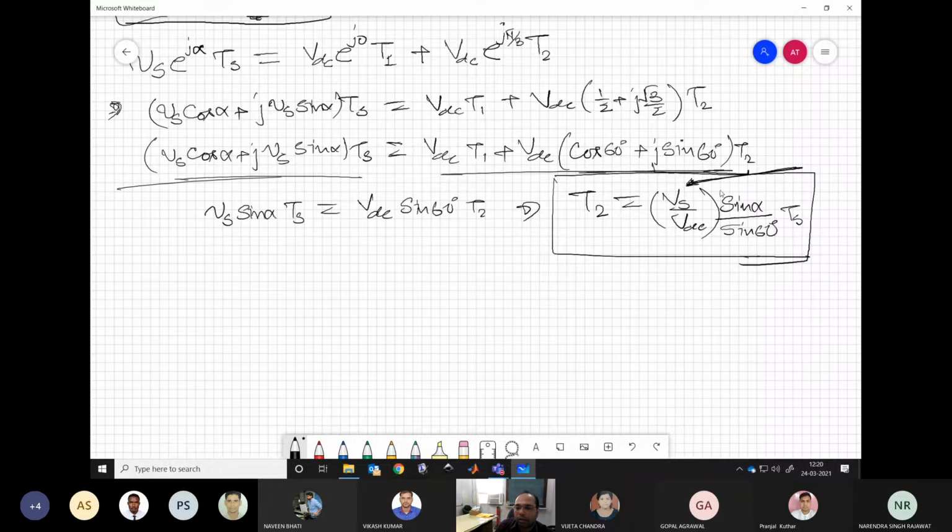This Vs is your actual voltage vector, which means your line to line voltage, 400 volts, or any actual voltage given, machine voltage or the inverter voltage. So this is the actual voltage in volts. That's why the division by VDC is there. So this is how we compute T2.